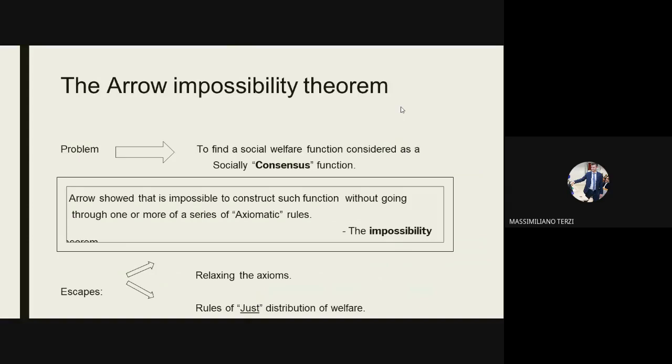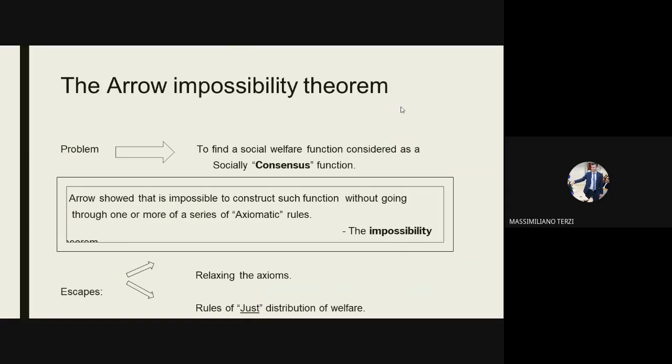And there are many possible functions, but there is not the practical rule of deciding which one to use. About that, Kenneth Harrow showed that it is impossible to construct that function without going through one or more of a series of axiomatic rules.